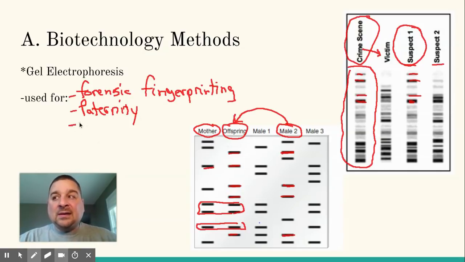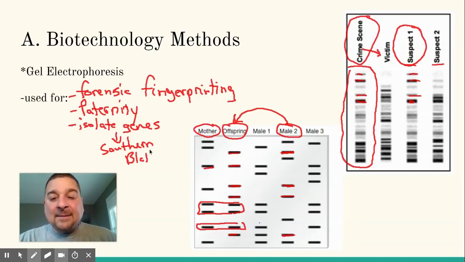The other thing we can do is to isolate genes. Scientists will take certain sections of DNA or genomes and cut them up and run them through the gel electrophoresis. And then they have a process called the Southern blotting technique.